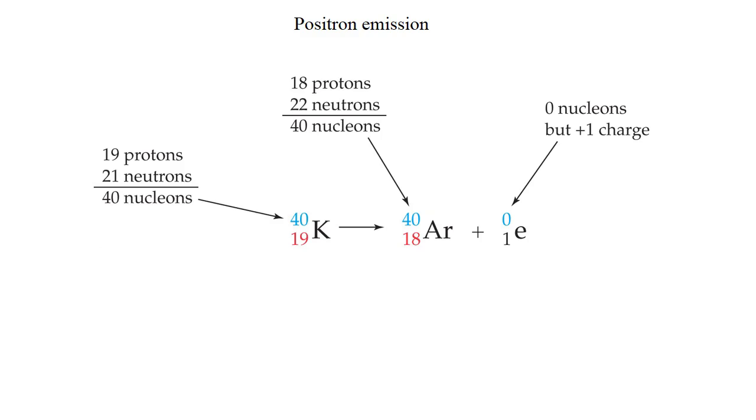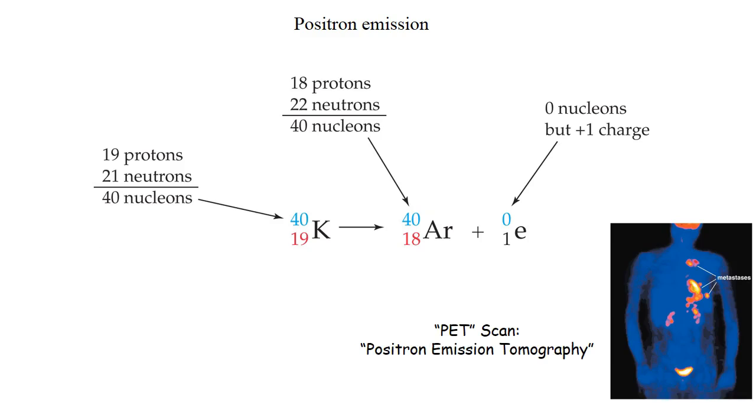So the number of nucleons, or the mass number, still stays the same, but the number of protons goes down by 1. You notice here potassium-40 goes from element 19 to an atomic number of 18, which is argon. But the mass number stays the same because you've simply converted a proton into a neutron, so you have the same total mass number, or nucleons.